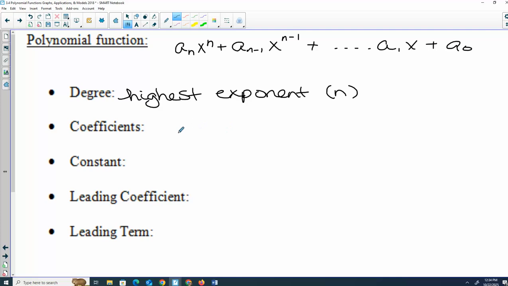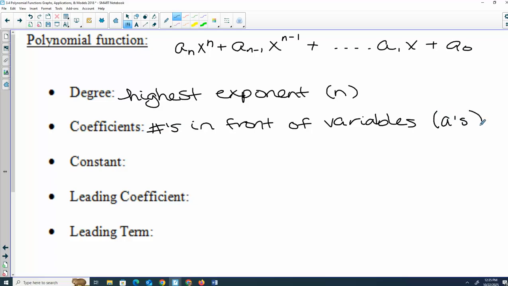What are coefficients? The numbers in front of the variables, which in my scenario, that's all my a values.